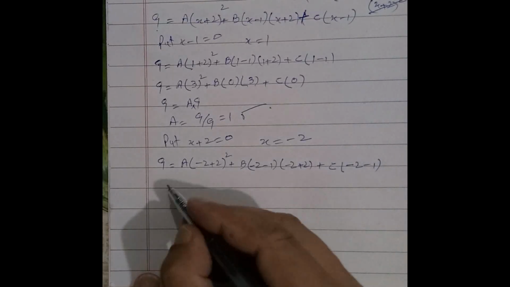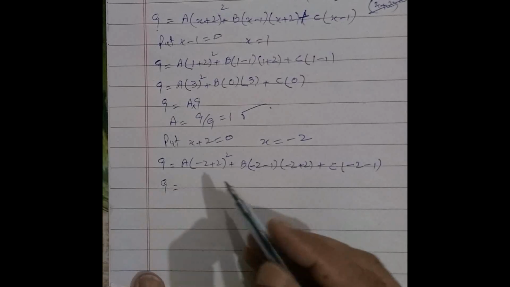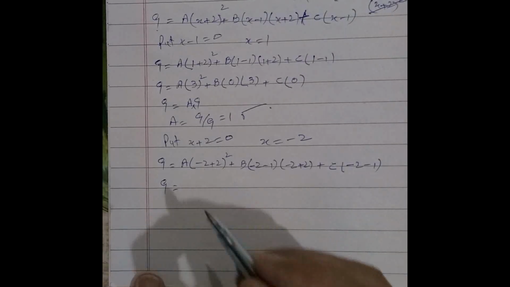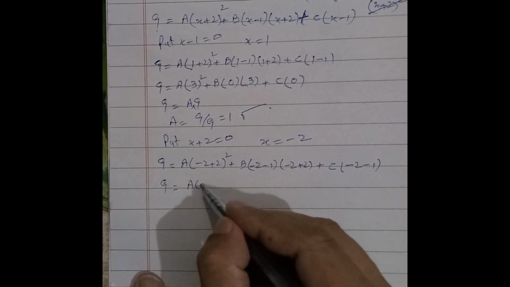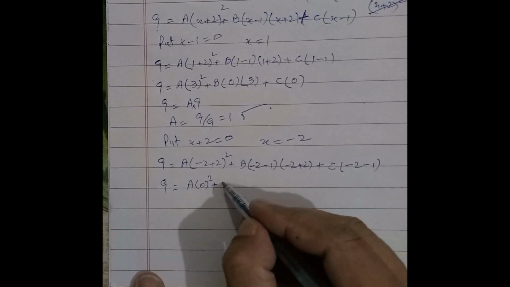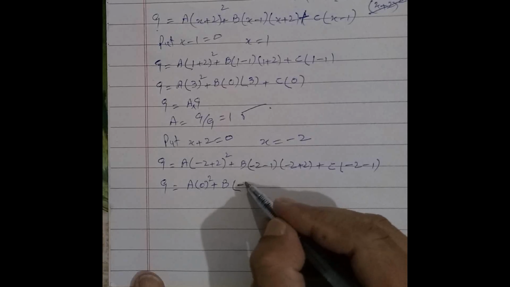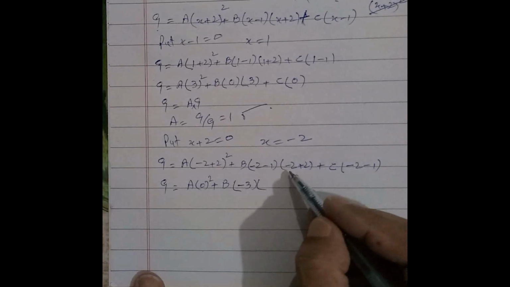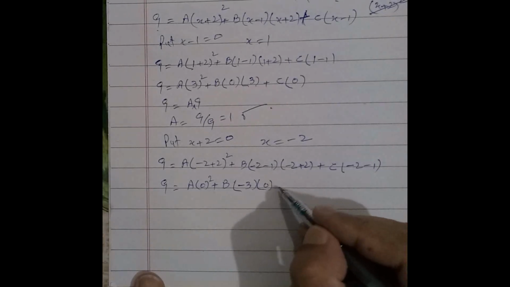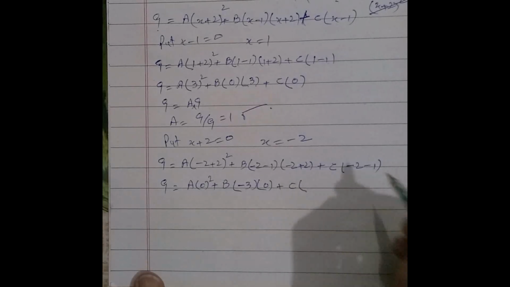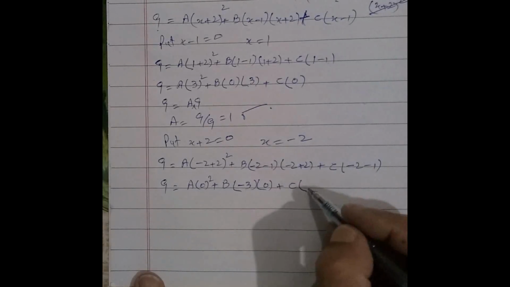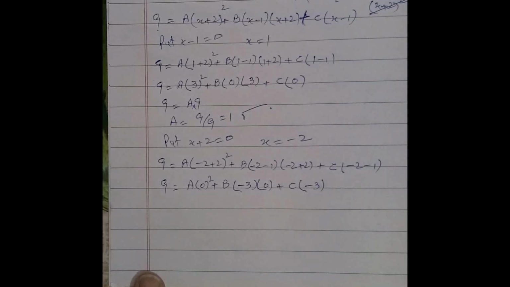Now simplify these values, we get 9 is equal to minus 2 plus 2 is equal to 0, a into 0 square, plus b (minus 2 minus 1 is equal to minus 3)(minus 2 plus 2 is equal to 0) plus c (minus 2 minus 1 is equal to minus 3).